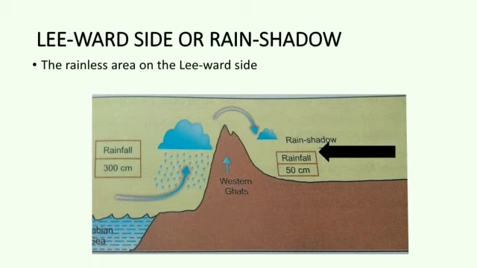For example, Pune, about 160 km away from Mumbai on the leeward side, receives only 50 centimeters of rainfall during the monsoon season because Pune is located on the leeward side of the Western Ghats, hence receives less rainfall than Mumbai.